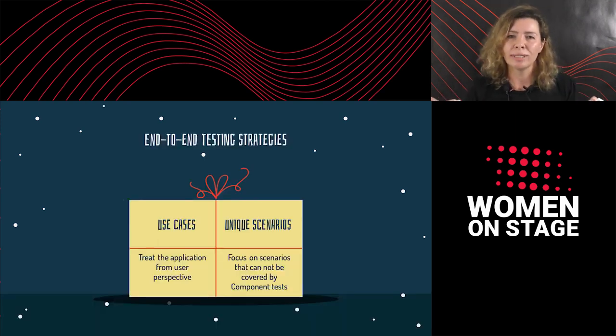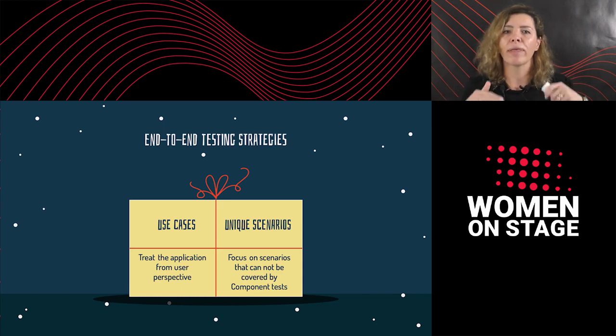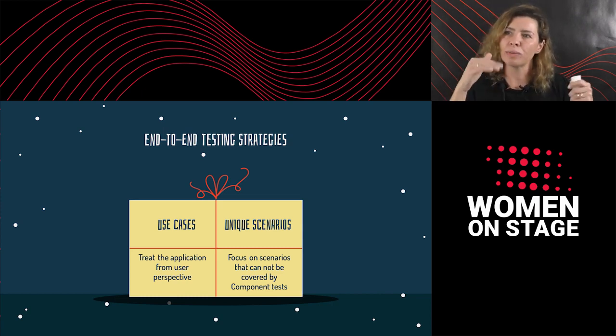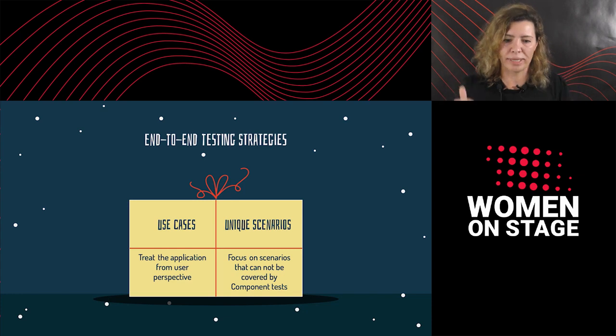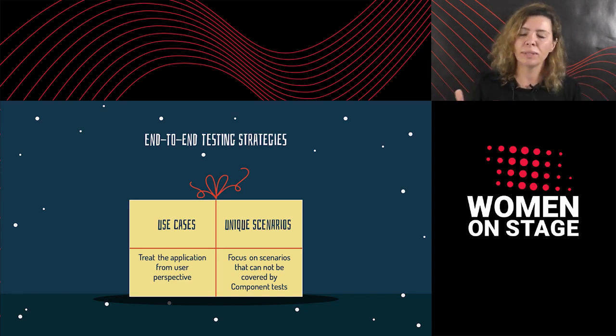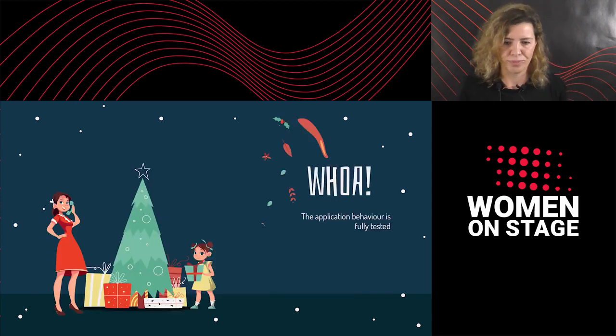So in end-to-end testing, try to cover only scenarios that cannot be covered by component testing. It should be the additional cover for our application. So treat the application from the user perspective. The strategy is to test only business use case scenarios.